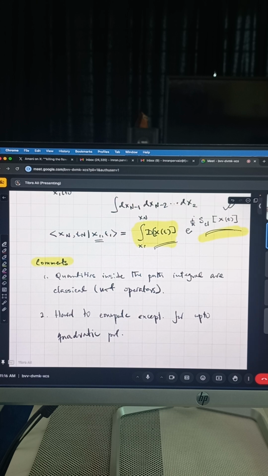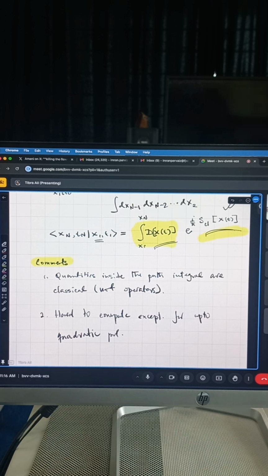For example, classically it's AB, but if you quantize it, you're not sure if it's going to be AB or BA. Right. In quantum mechanics, AB and BA would be different theories in the operator formalism.